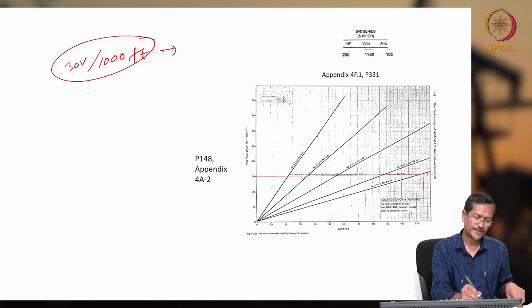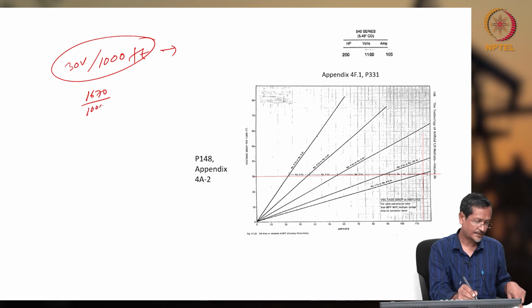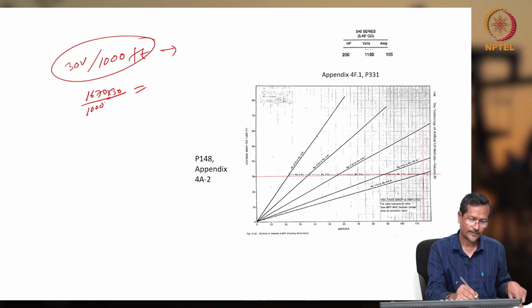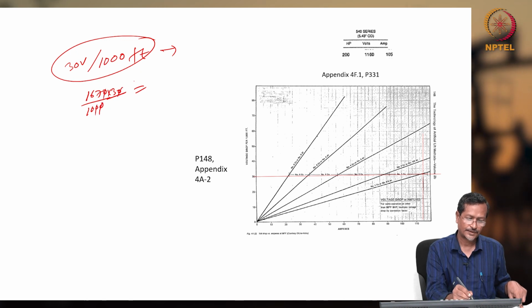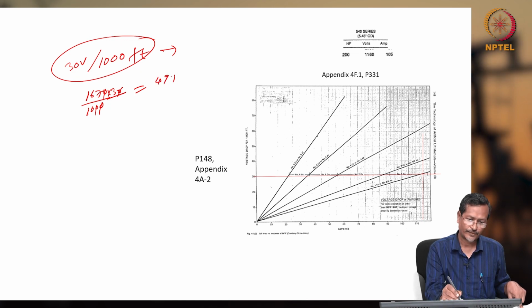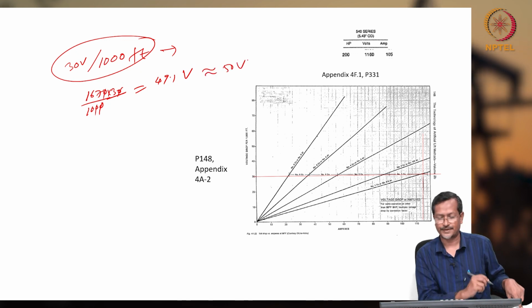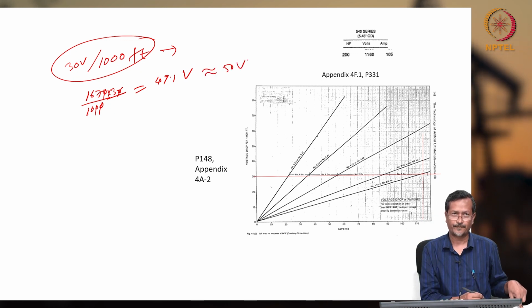So they are assuming 1670 feet, your pump depth, divided by 1000 times 30. So it is 49.1, or about a 50 volt drop through the cable.